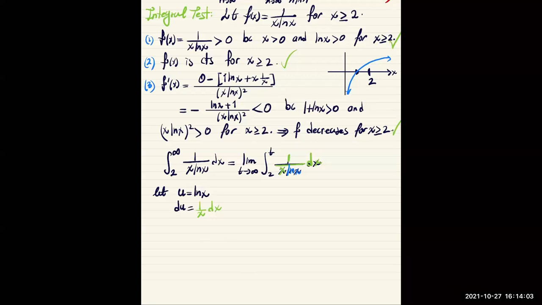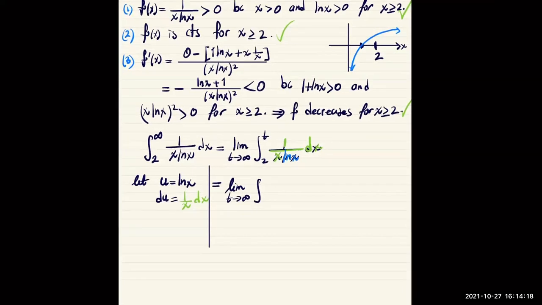So this becomes the limit as t goes to infinity. Do not write down those limits of integration because we are changing the variable. We get 1 over u, and this 1 over x dx is just du.